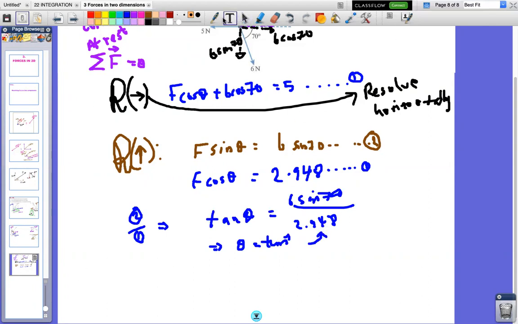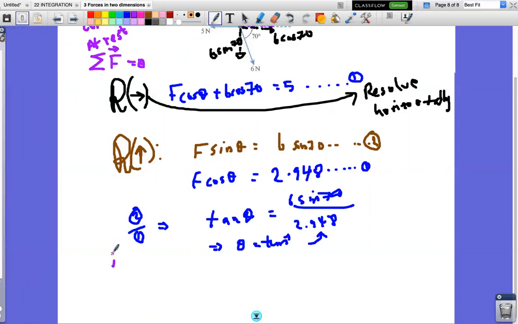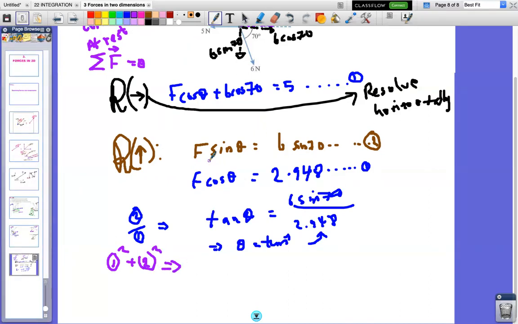And to look for F, you can take equation 1 squared plus equation 2 squared. That will give you F squared sine squared theta plus F squared cos squared theta, which is F squared times sine squared plus cos squared.